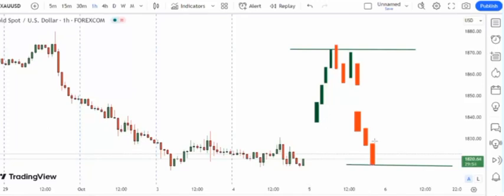And then we have a rejection, and then we have a retest and even a stop loss hunt. A successful rejection, right? For price to go higher.